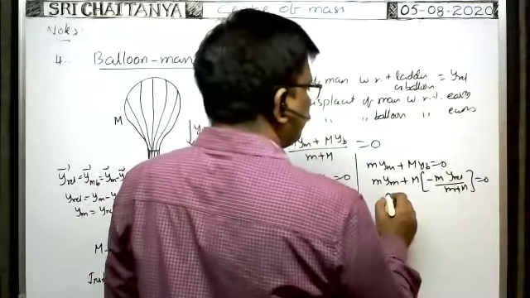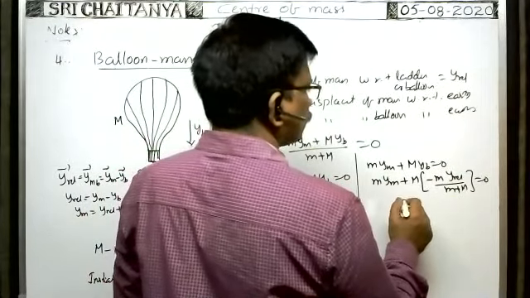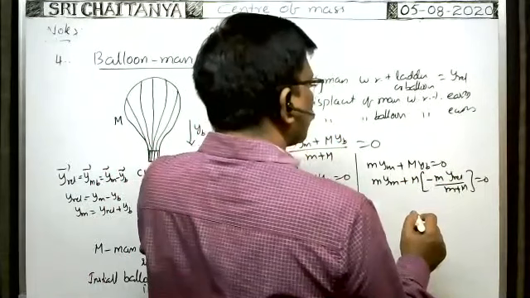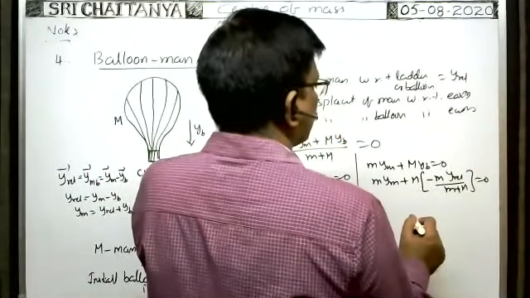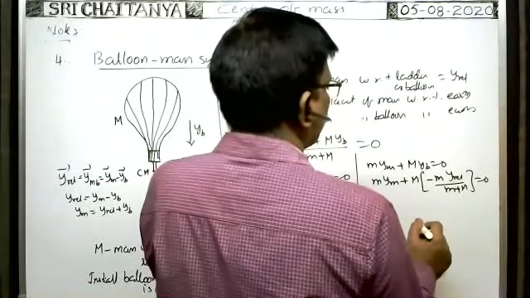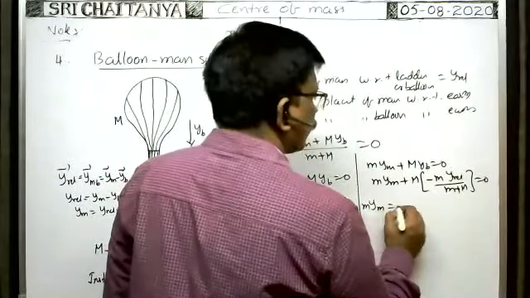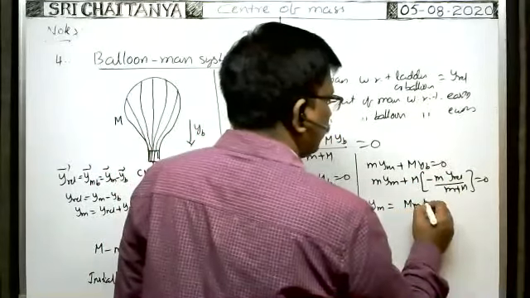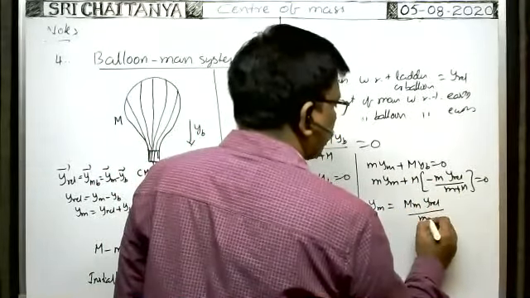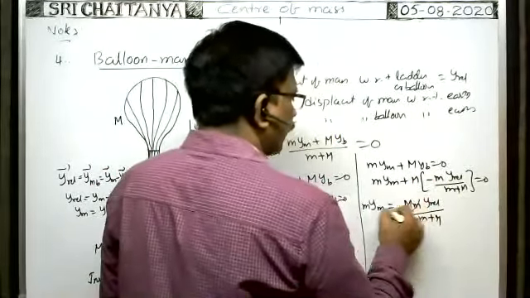Therefore m yM is equal to plus m into y relative by m plus capital M. Small m cancels now.